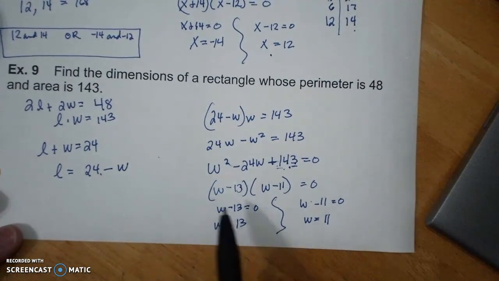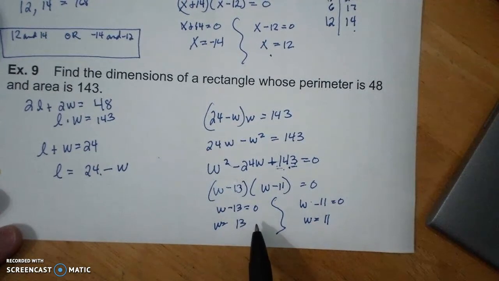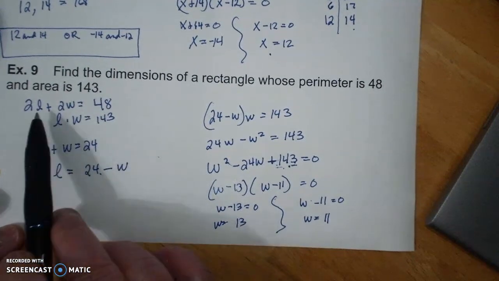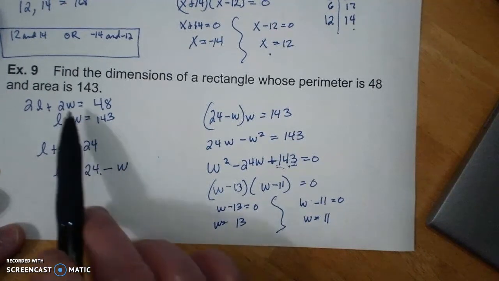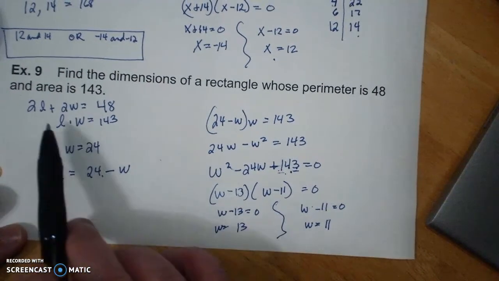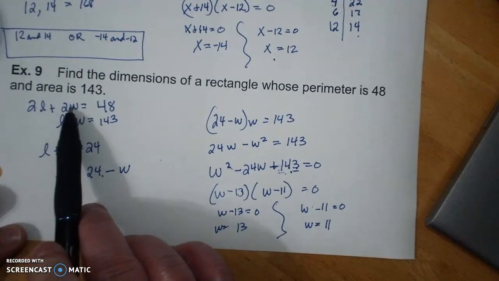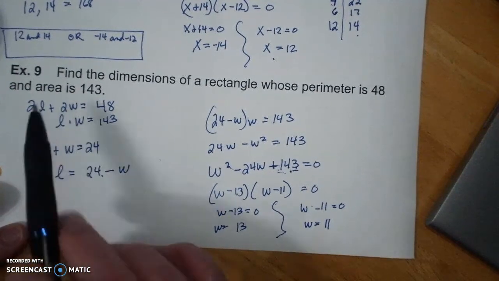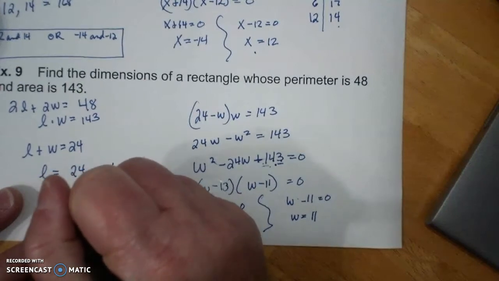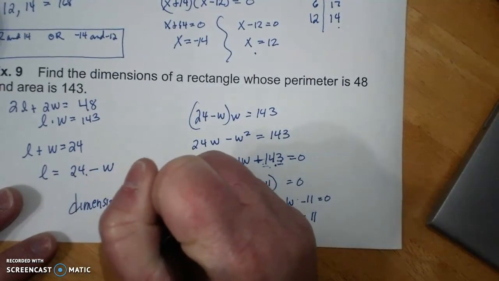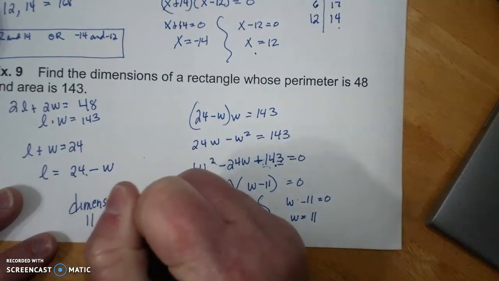One of them turns out to be the width, and one of them turns out to be the length. Because of the commutative property, if I plug the 13 in, the W becomes 11. If I plug the 11 in for the length, the W becomes 13. So the dimensions are 11 and 13.